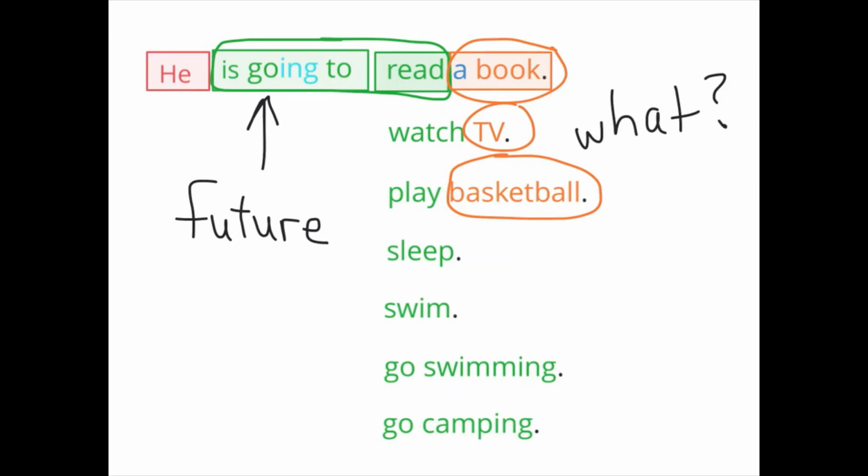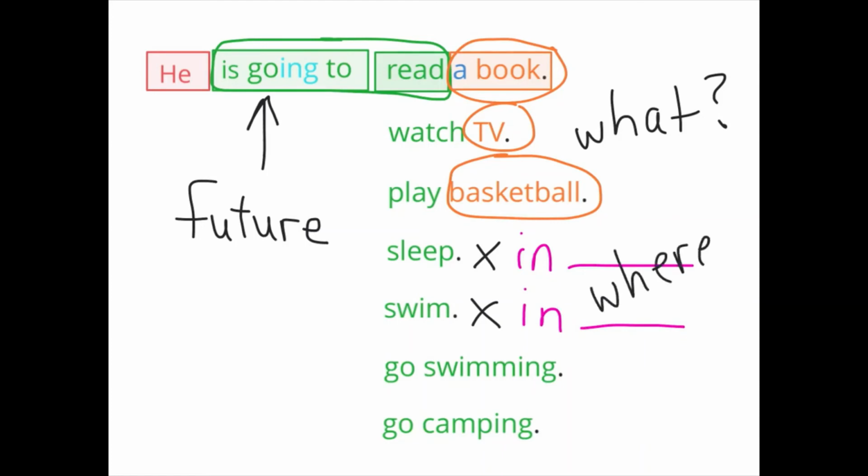Some of these do not need an object after it, like sleep and swim, but we might want to use a prepositional phrase that tells us where they are sleeping or where they are swimming. And that's because we have the question where. So the question where can be answered in a prepositional phrase, and the question what can be answered with an object.